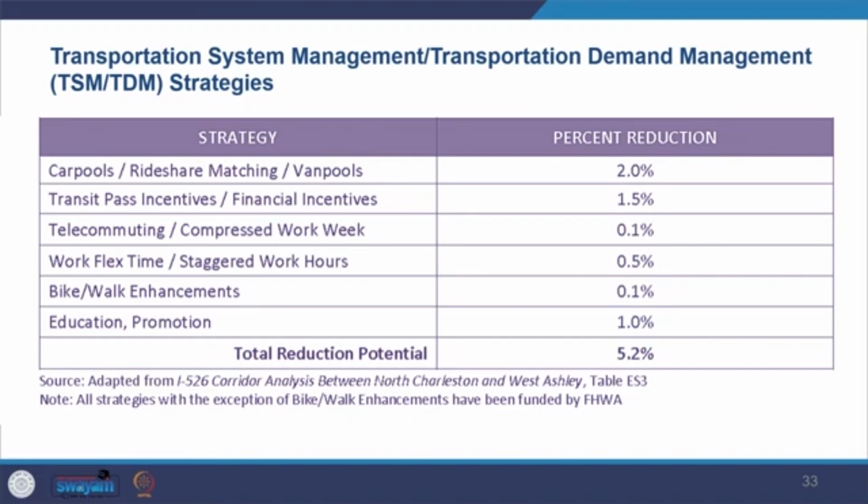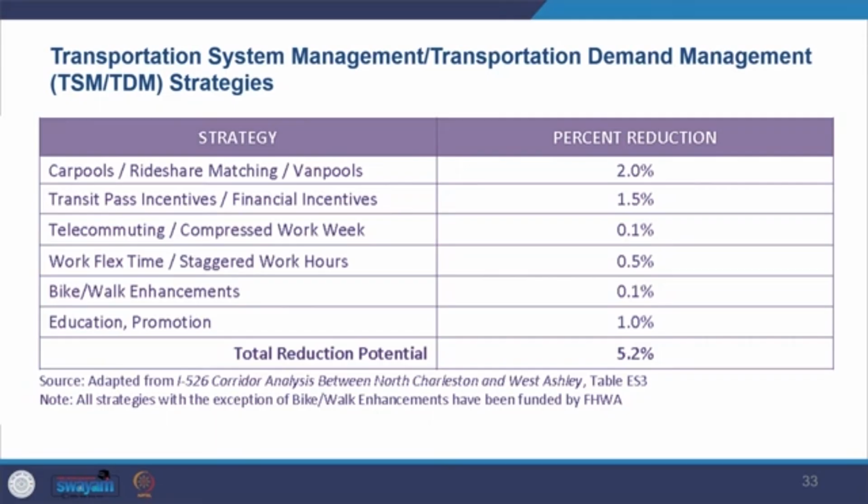So you see what strategy they adopted to make it more sustainable. They have looked at the carpool, ride share matching, and then the van pool as well, as shown here. Then also the transit pass incentives, what kind of policies are there, which they have looked into.